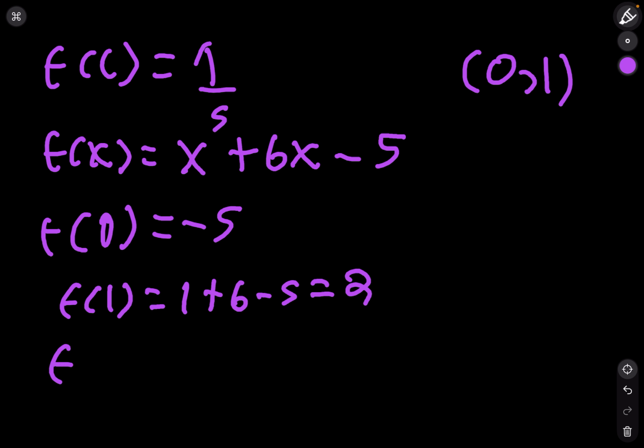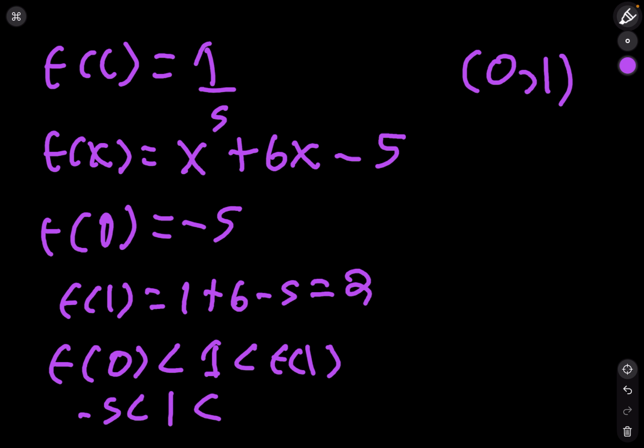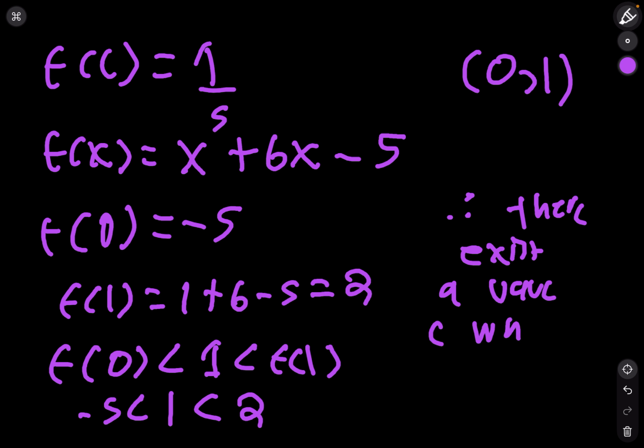And since f of 0 is negative 5, which is less than 1, which is less than 2, therefore there exists a value c where f of c is equal to 1. That's essentially saying the same thing.